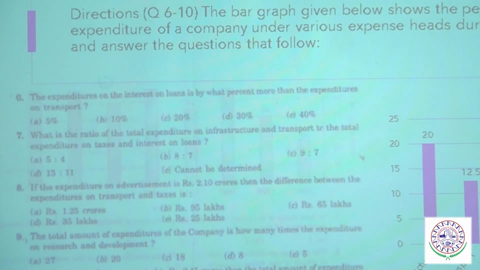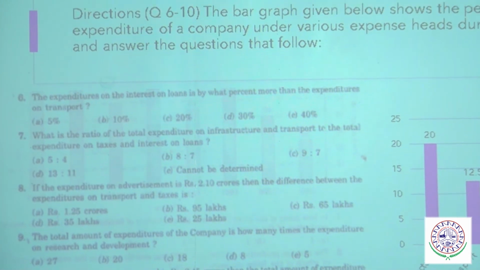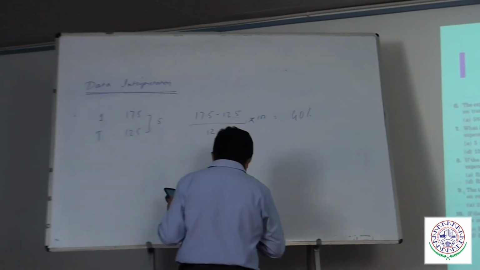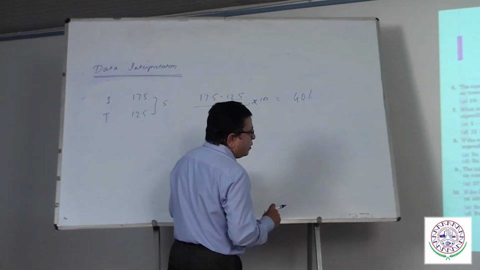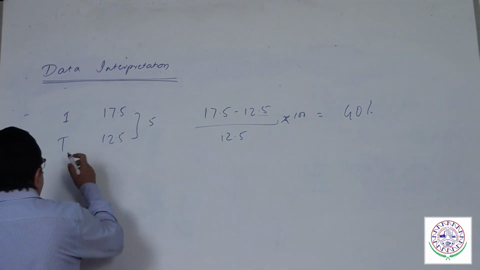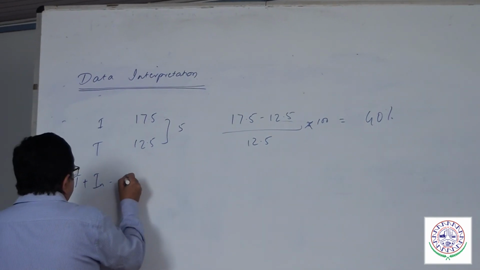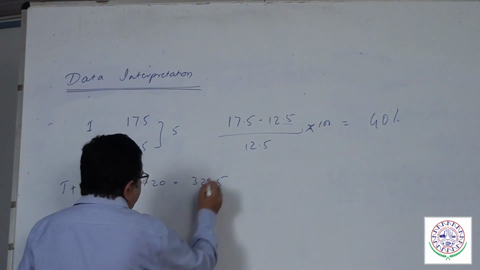Next, what is the ratio of total expenditure on infrastructure and transport to the total expenditure on taxes and interest on loans? Transport was 12.5, infrastructure is 20. So transport plus infrastructure is 12.5 plus 20, that is 32.5.